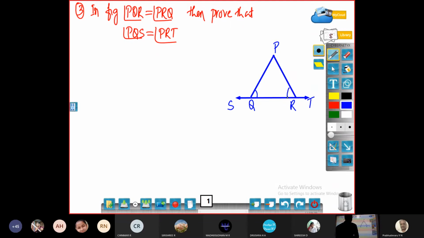And they have given PQR is equal to PRQ. So these two angles are equal. You can show this angle, the base angles of this triangle are equal.